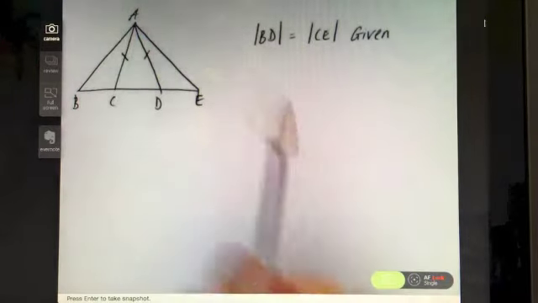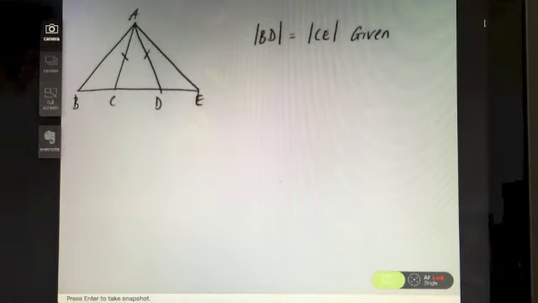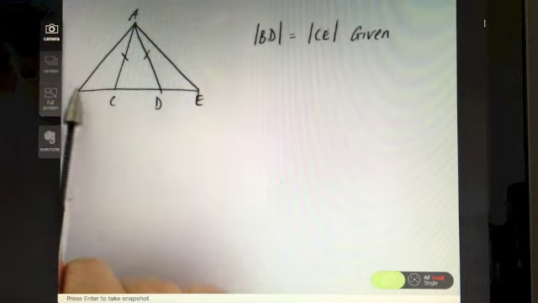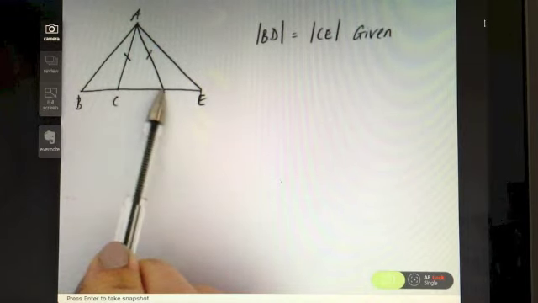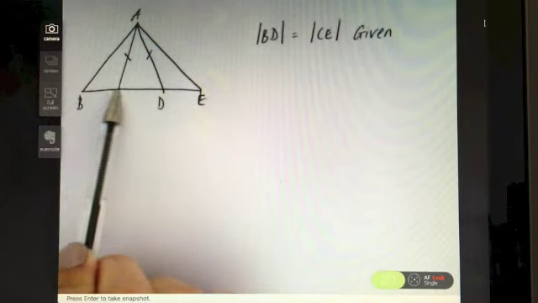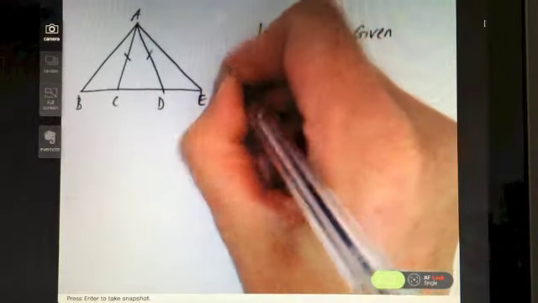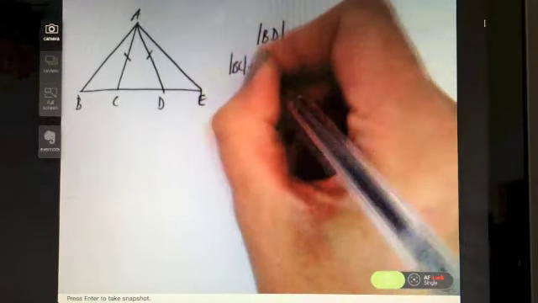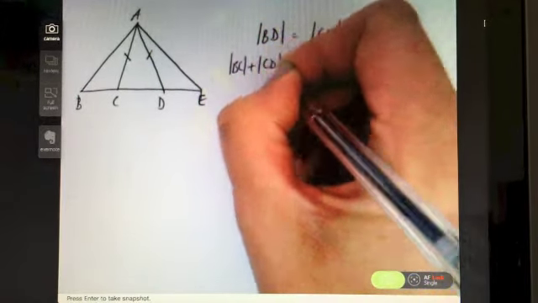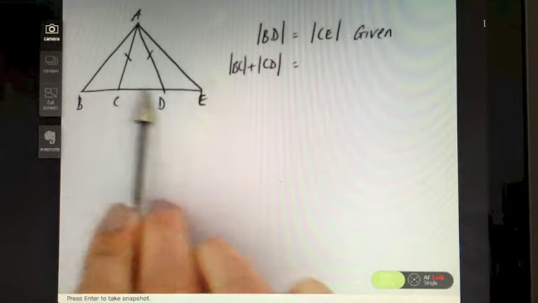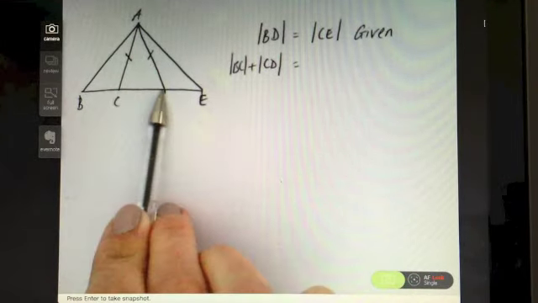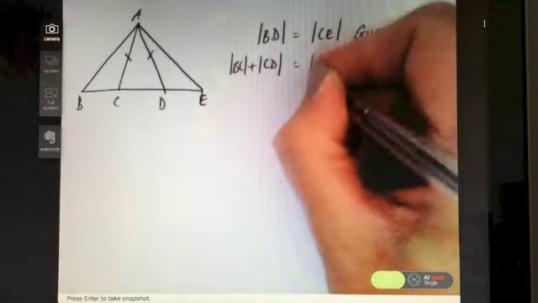As I said, I'm starting off with BD is equal to CE, which is given. And given that BD is basically comprised of the length BC plus CD, and CE is made of the length CD plus DE.